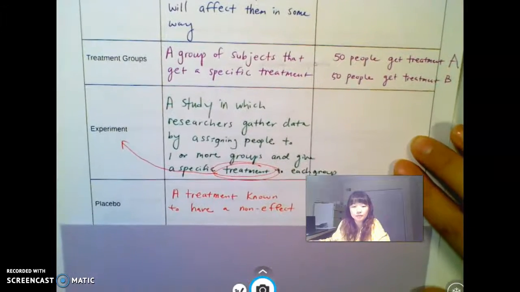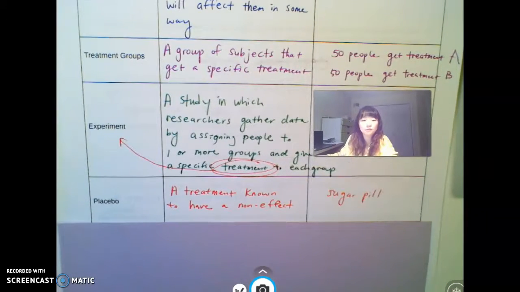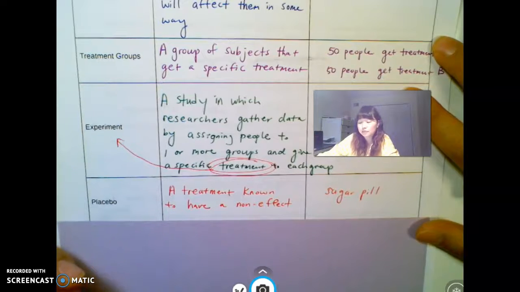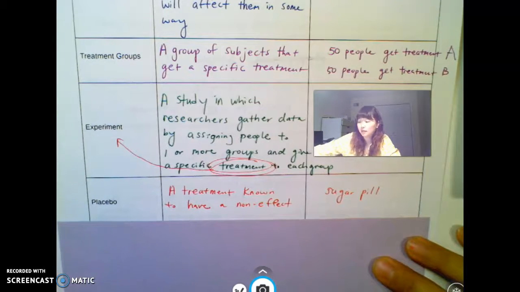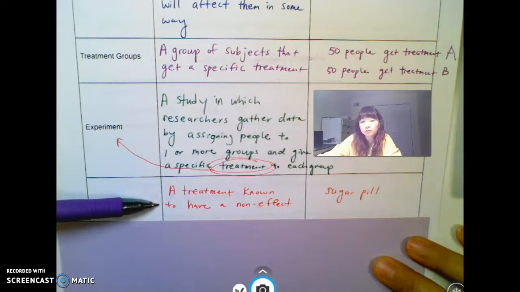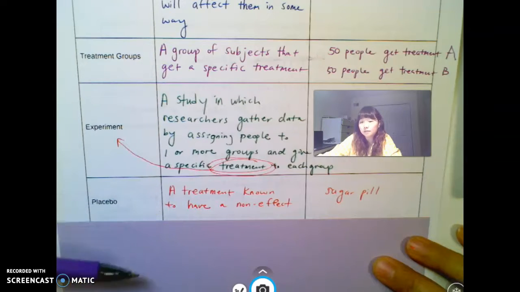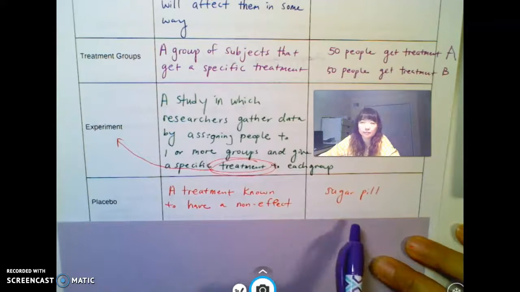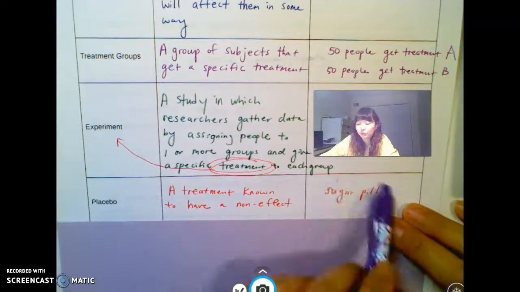Sometimes we give a treatment that doesn't really do anything. I'm sure you've heard this word before. Placebo is a treatment known to have no effect, but we give it to a group of people so they might think they got the treatment, and see what happens. For example, a sugar pill is a well-known placebo.